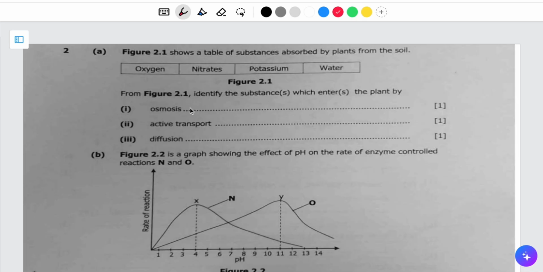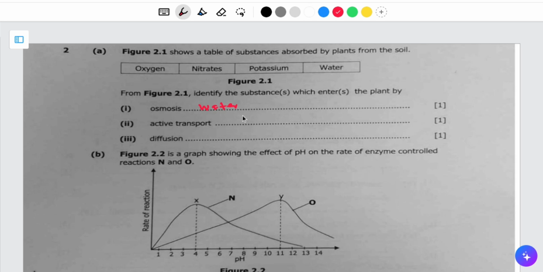So when you talk of osmosis, water enters the root hair cells by osmosis. So we can say water here. Then when you talk of active transport, in this case we're talking of the ions.